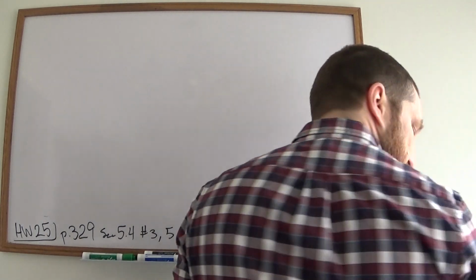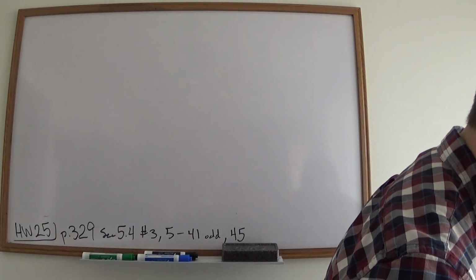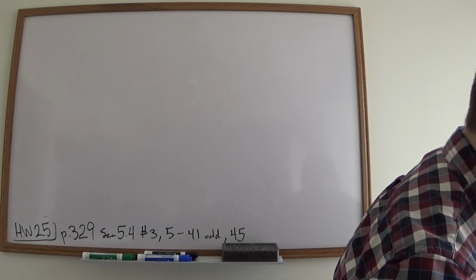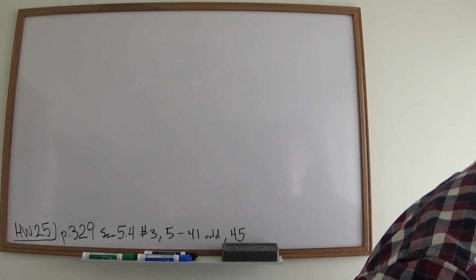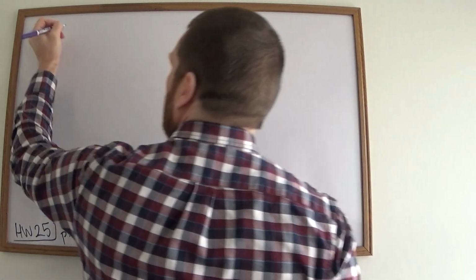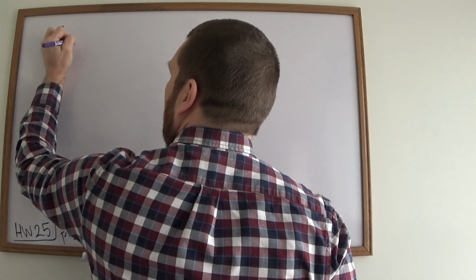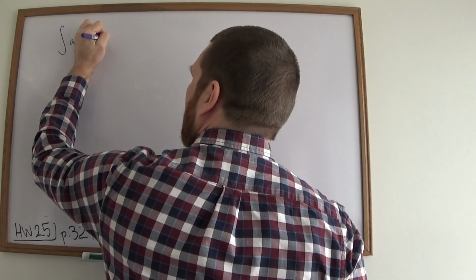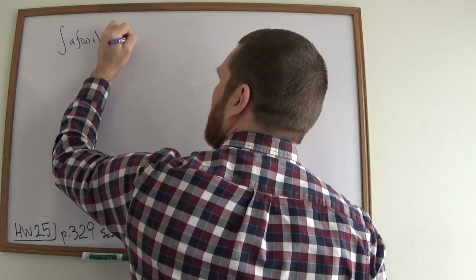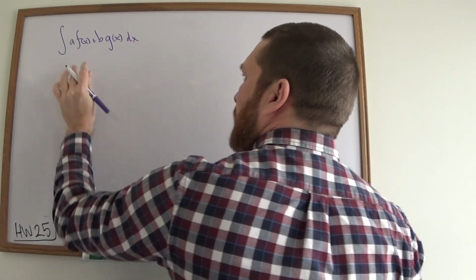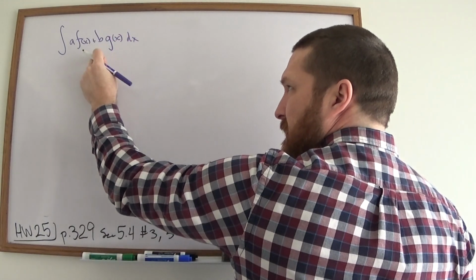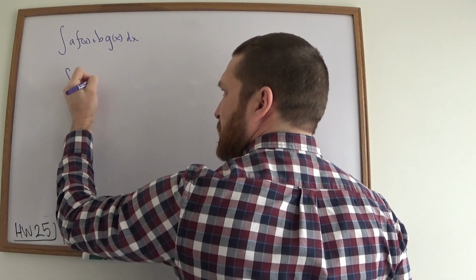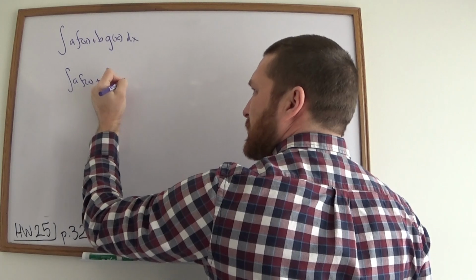And so, I did want to talk about that. And of course, like we talked about last time, the integral is a linear operator. So if you're integrating a times f of x plus b times g of x dx, then we could split this up because it's addition. We could say it's the same thing as integrating a times f of x plus the integral of b times g of x.